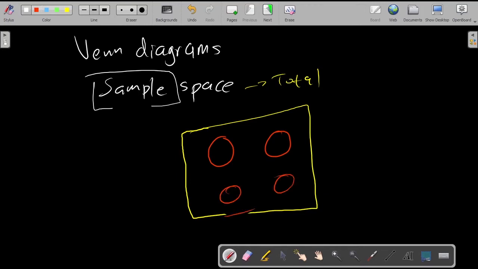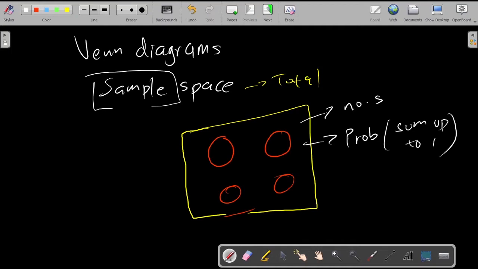And you can have numbers or probabilities in here. If you have probabilities, they should sum up to 1. And if you have numbers, then they should sum up to the total of your sample space.